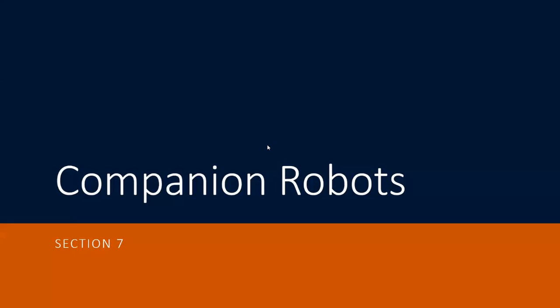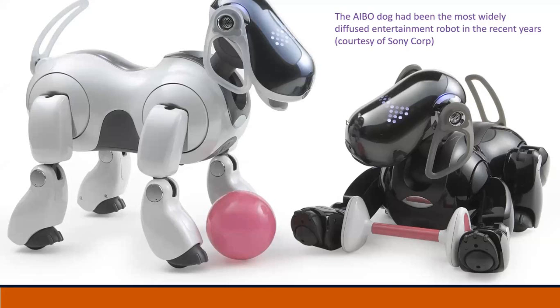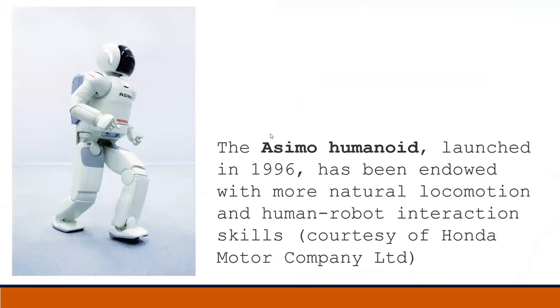And the next one is the toy or companion robot, designed like a robot dog, a pet. And Asimo, a humanoid robot. This Asimo is actually pretty powerful.